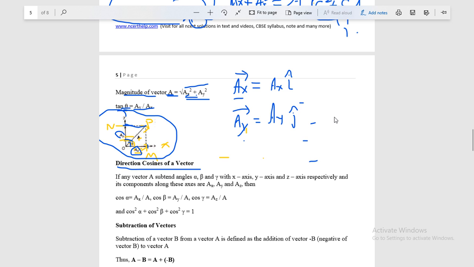Okay, so you can see here ax vector is equal to ax I cap and ay vector is equal to ay j cap.